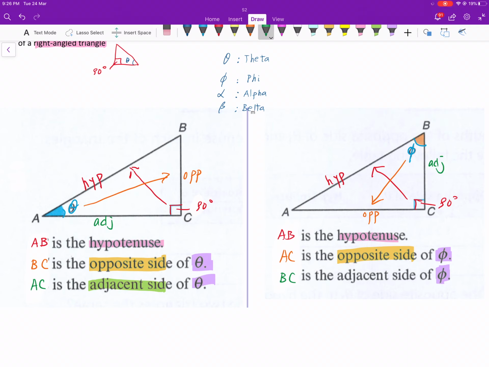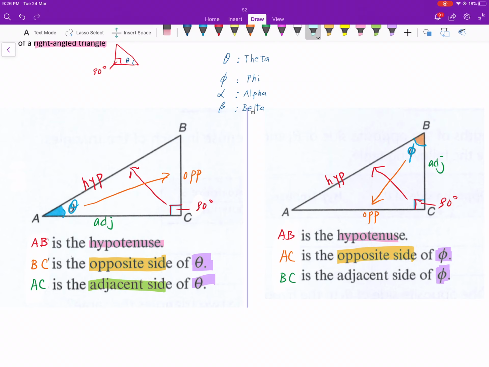So it is important to pay attention and compare the figure on the left hand side and the figure on the right hand side. You can see that the hypotenuse is AB. It stays the same, because it is the side opposite to 90 degrees. But on the left hand side, the opposite side of theta is BC, while the opposite side of phi is AC.